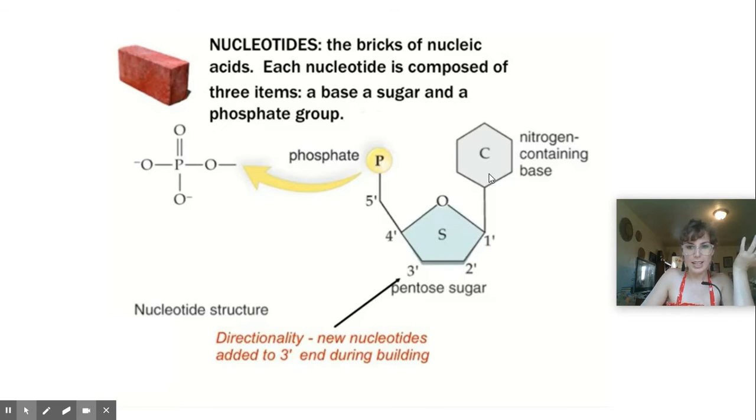Hopefully you're saying it is single ringed and that it is a pyrimidine, okay? Because poor primitive pyrimidines only have one ring, okay? But if I had a guanine, then I would see two rings and it would not be a pyrimidine. It would be a, check it, purine.